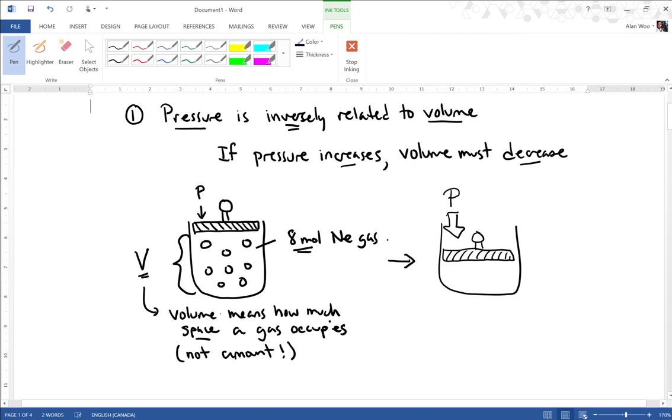So if we push down, because there's a lid on top, the number of moles of gas is still the same. There's still 8 moles of neon gas. But the volume itself is much smaller. It's taking up less space. So when pressure increases, volume decreases. The space is smaller.